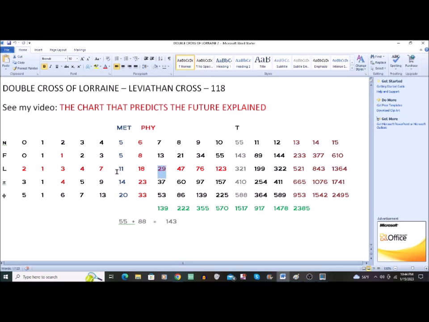The 2 is the sum of 11, the 9 is the sum of 18, and 11 and 18 combined are 29, okay? So this is important because this is the point at which we want to get back to. This is the center of the table, the balance point, okay?